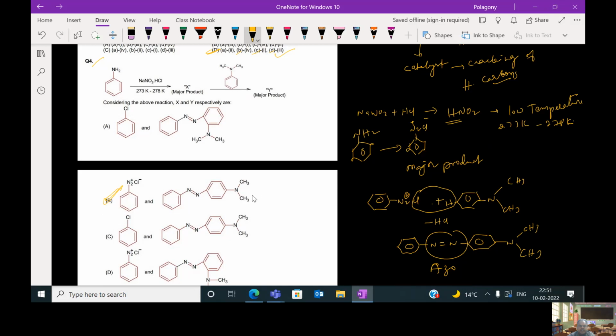So B is the correct option, azo dye. Now the fourth question is over. Considering the above reaction, X and Y respectively are diazonium chloride and the azo compound.